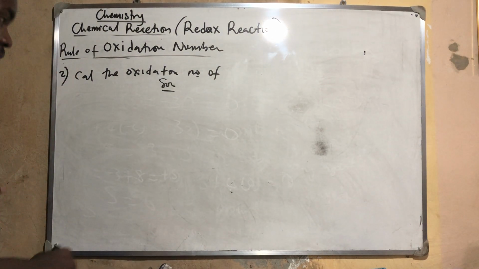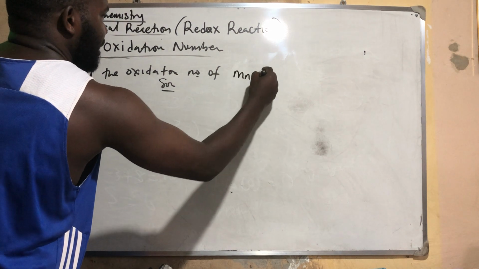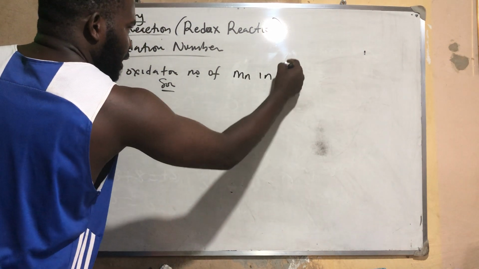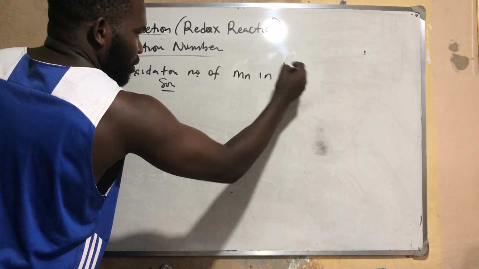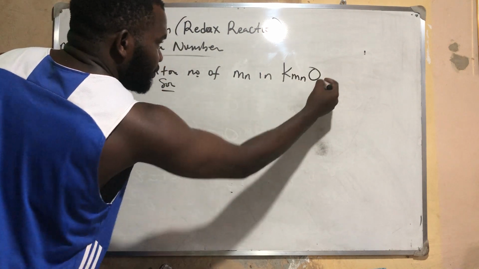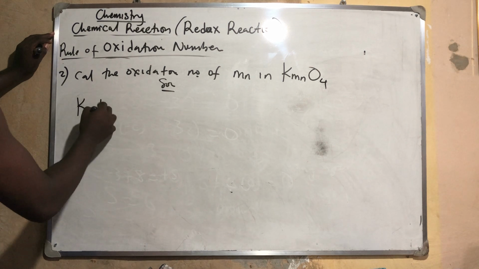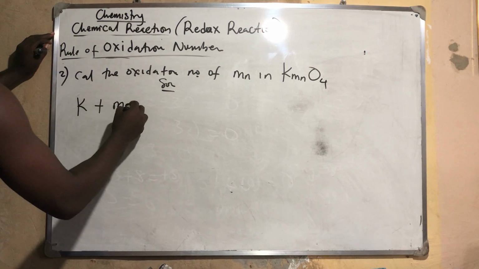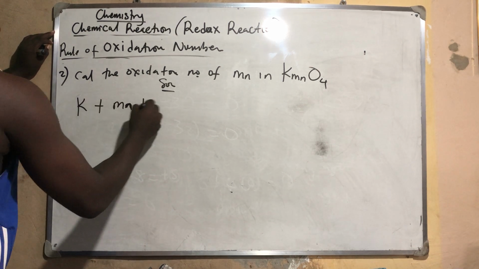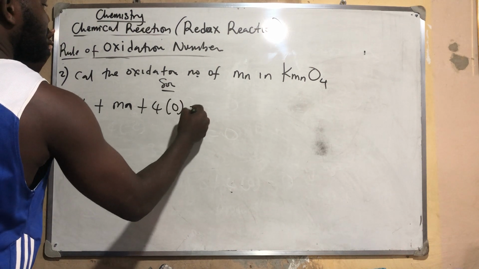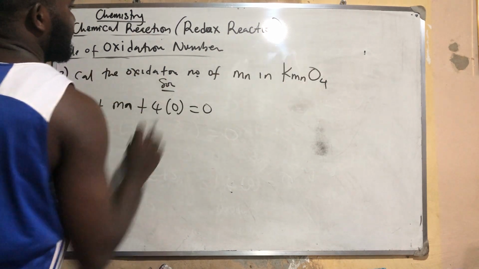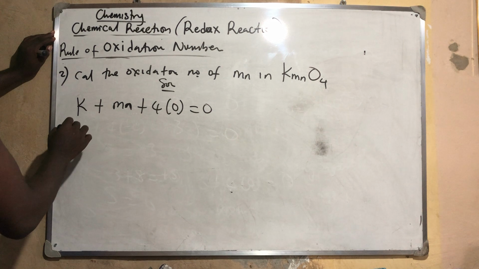So the next one, they say calculate the oxidation number of Mn in KMnO4. Okay, very simple. We tell them potassium K plus manganese, Mn plus 4 of oxygen is equal to 0 because it does not have any charge. Okay, so what do we have now?